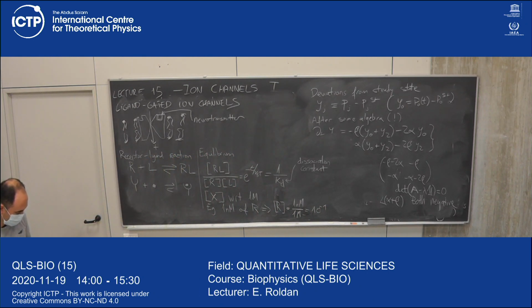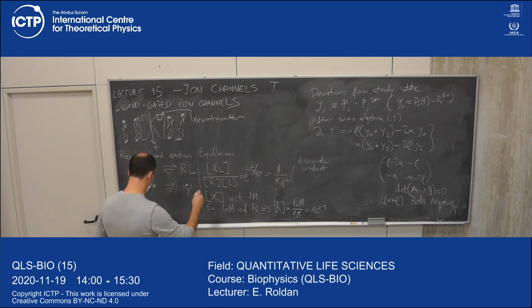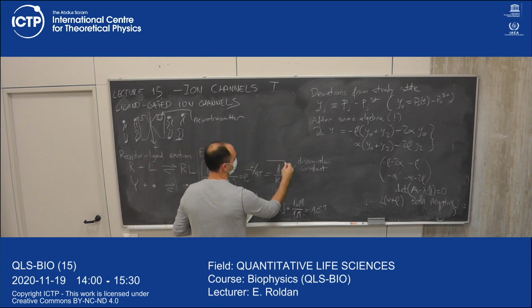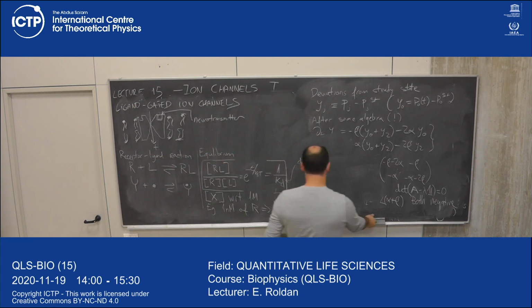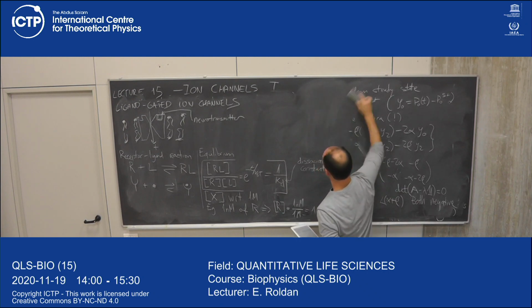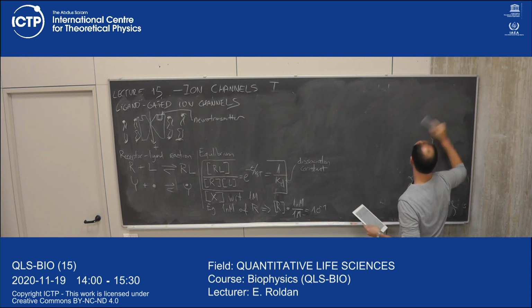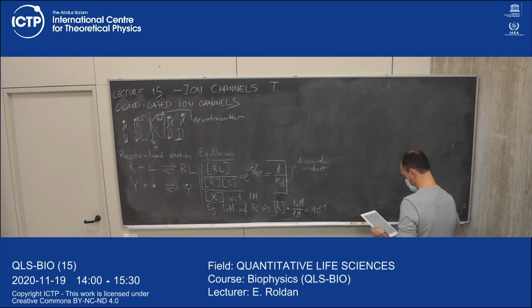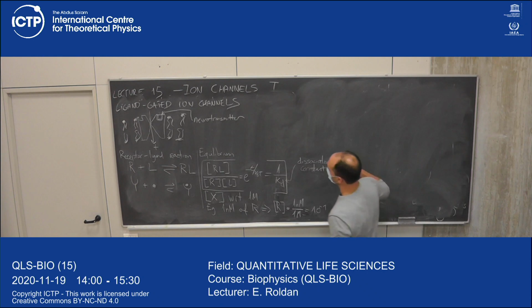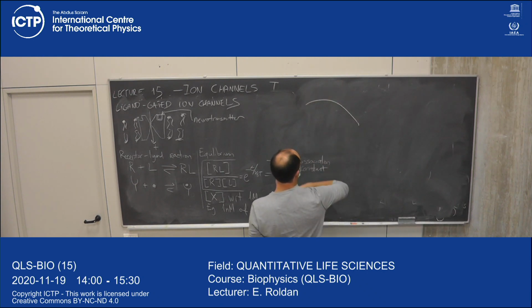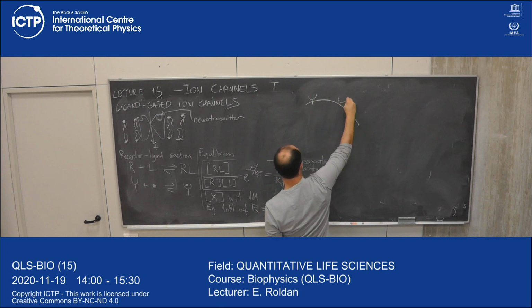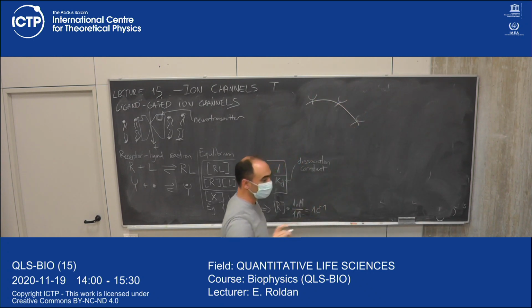Right? So, where do I want to go with this? Let me just take this equation. The only thing I want to highlight is that there is an equation relating the fraction of occupied receptors. Now imagine there is a membrane, and there are many of these receptors, and all of them are independent.